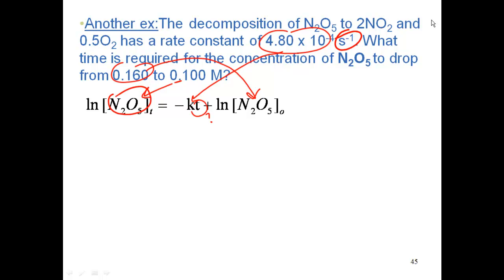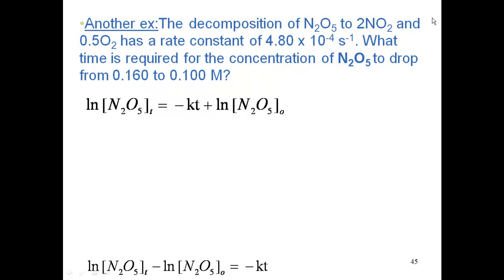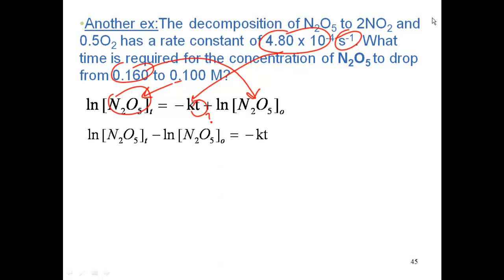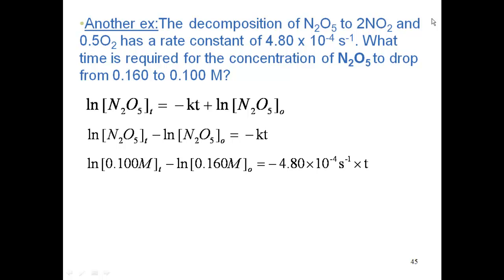So I'm going to bring the natural log of N2O5 at time 0 to the other side. And then I'm going to plug in my values. For my time t, it's 0.1. For my initial, it's 0.16. My k is 4.80 times 10 to the negative 4th per second. And then I'm trying to solve for time.